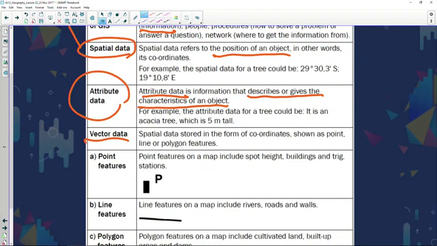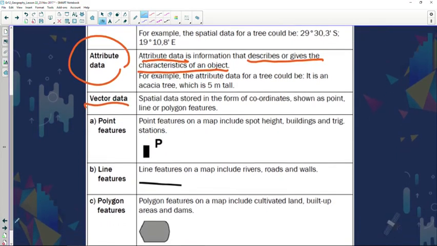Then we look at the vector data. It's spatial data stored in the form of coordinates shown as points, lines, or polygon features. Now, an example of point features on your topographical map is, for instance, a spot height, a building, or a trig station.